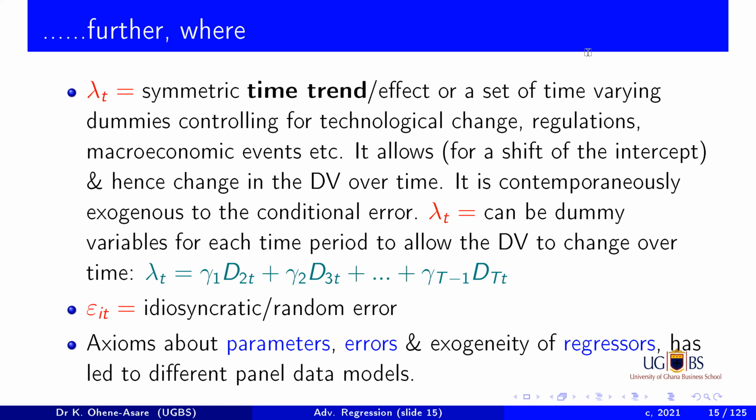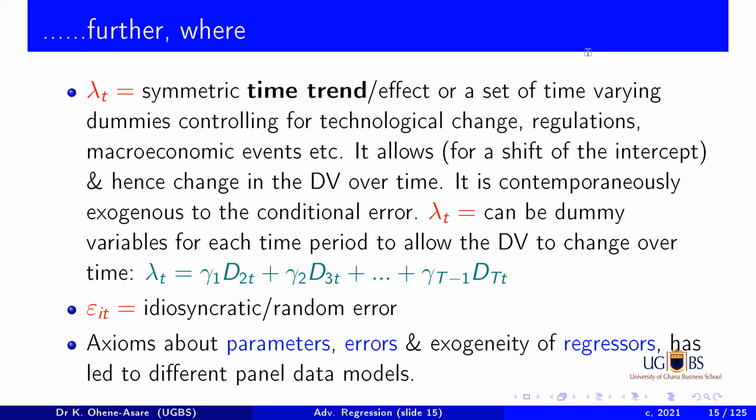What is a time trend? Well, there are certain things which are time-changing dummies, and they are normally good for controlling technological dynamics. For example, there's a regulation, and that regulation is what is going to cause things to change, for example, minimum capital requirement regulation.